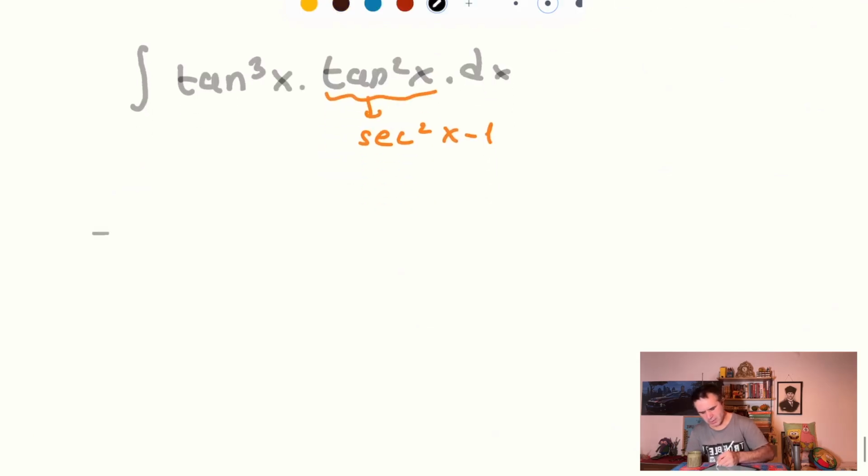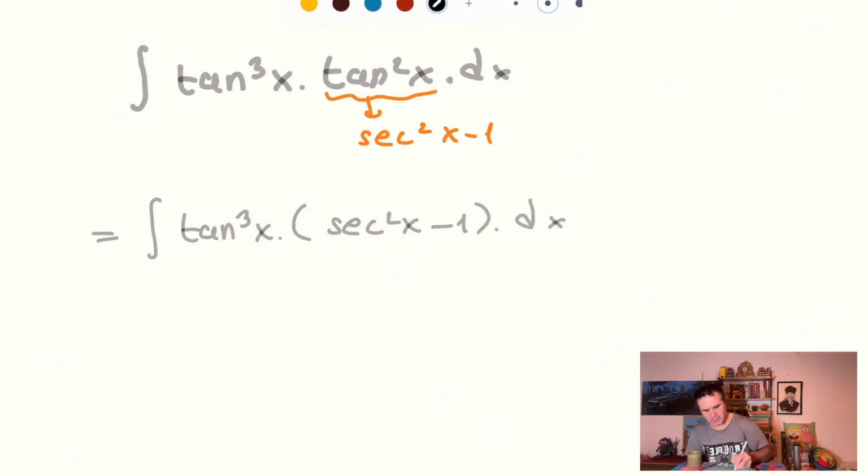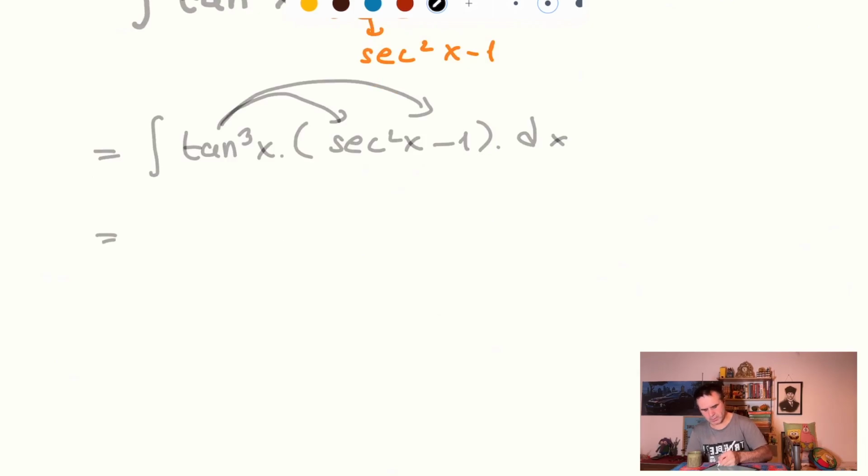Then the integral becomes the integral of tangent cube x times secant square of x minus 1 dx. And let's multiply them one by one. Integral of tangent cube x times secant square of x minus tangent cube x dx.